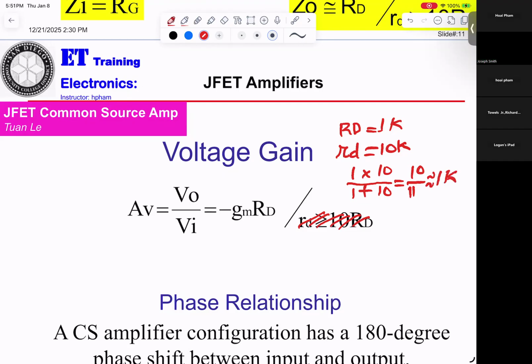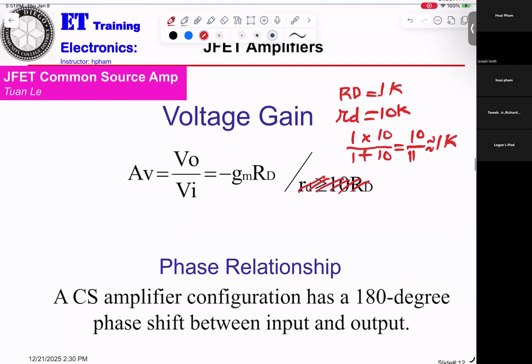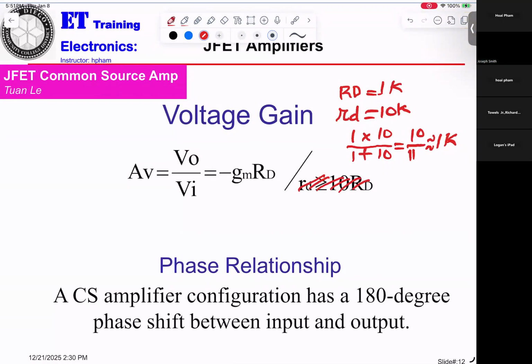That's why we don't care about R small d. Finally, the common source amplifier has 180-degree phase shift between input and output.